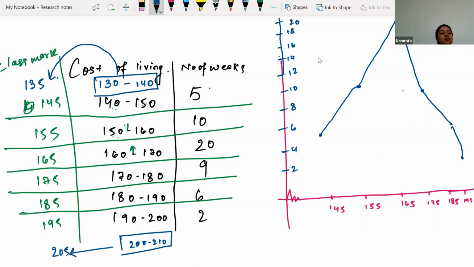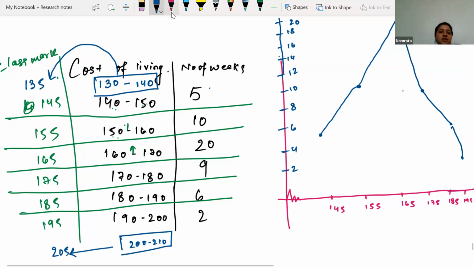Without even writing the interval, you will be able to understand what the class mark of one previous interval and one next interval will be. If you are able to figure it out without writing the interval, well and good. If you can't, then this way you can write the interval first and then figure out the midpoint of that interval and the last interval.